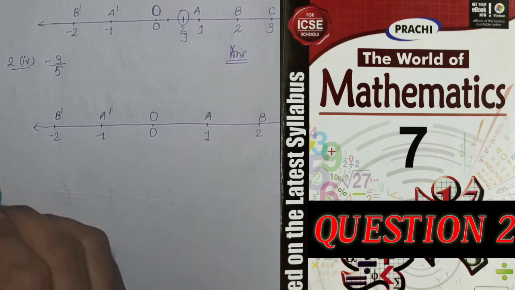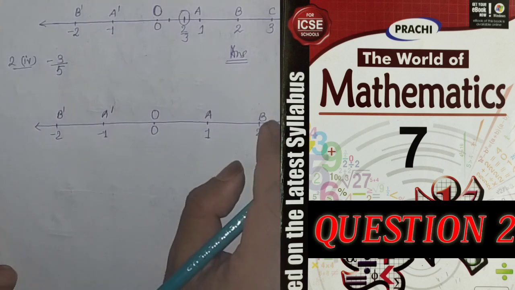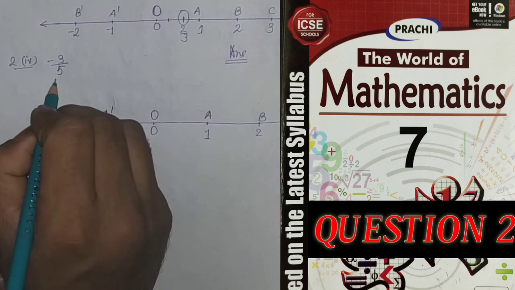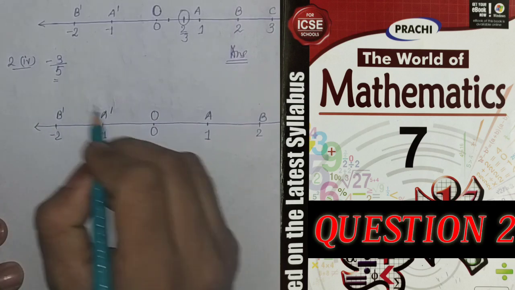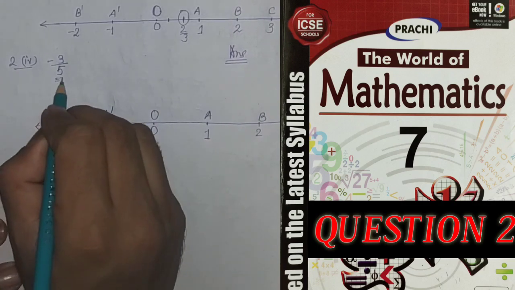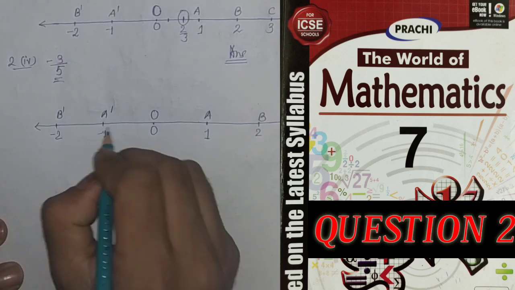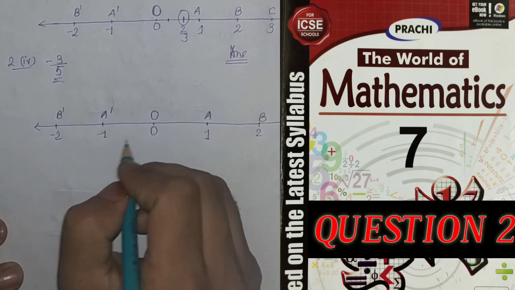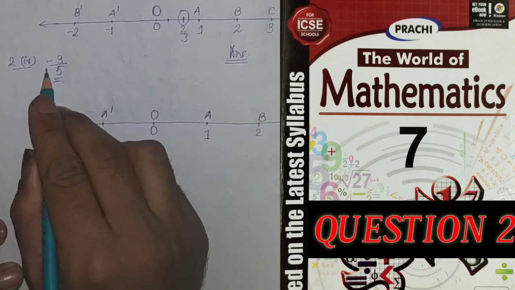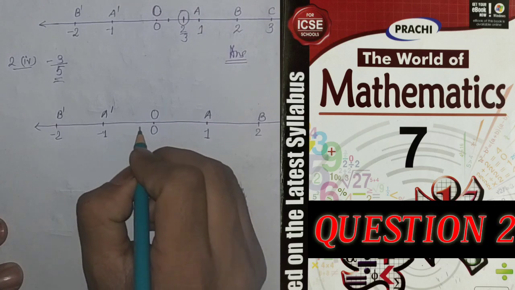We have to represent minus 3 by 5. It means the denominator is 5. We have to divide, and this is less than 1. We have to divide 0 and 1, this length, in 5 divisions in the negative direction. The sign is negative here. Let's divide it in 5 equal divisions.